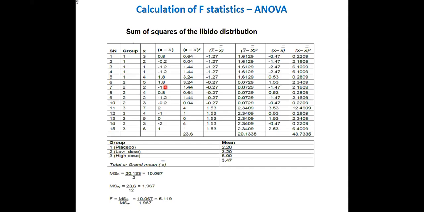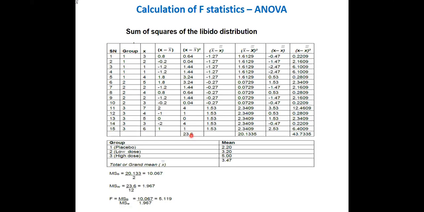So now, what we have just done in this column, 1 to number 3 and 4, is to try to look at the variance within. So the total sum of square is the sum of square within.